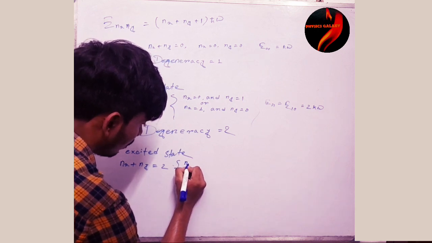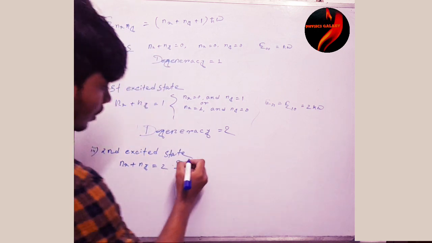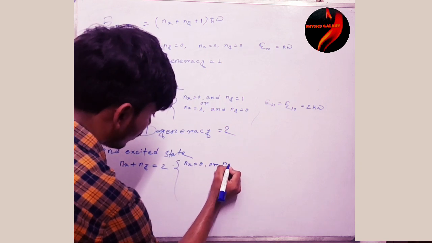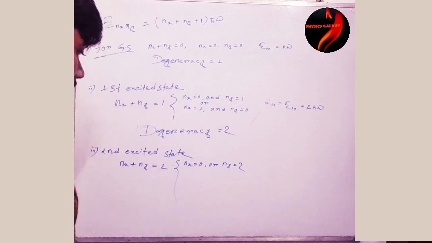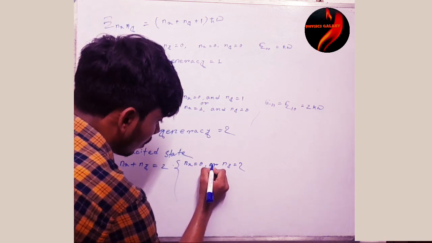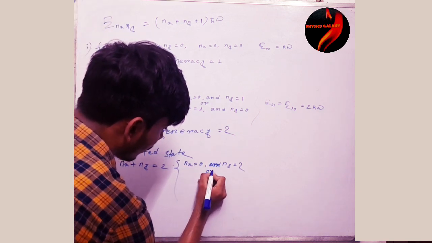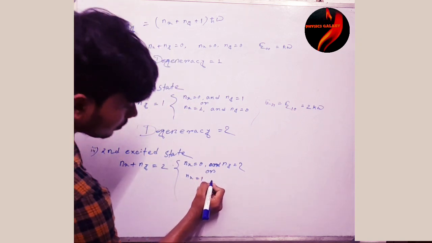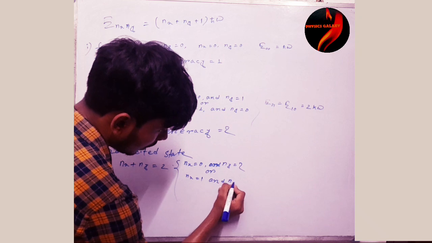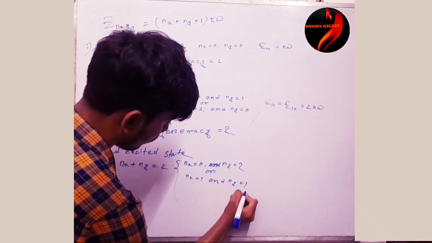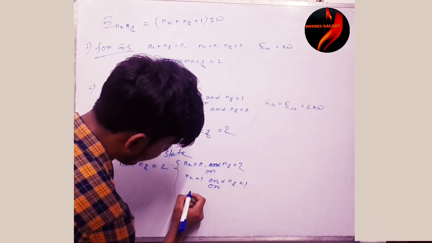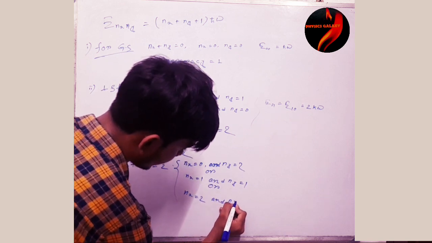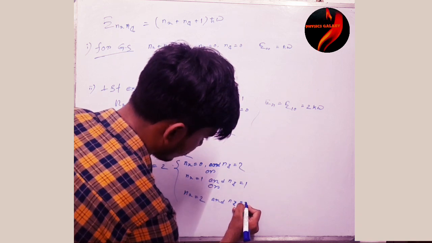So the values of nx and ny will be nx equals 0 and ny equals 2, or nx equals 1 and ny equals 1, or nx equals 2 and ny equals 0.